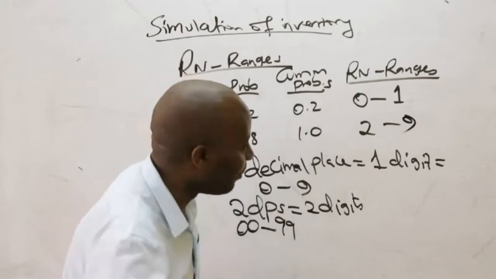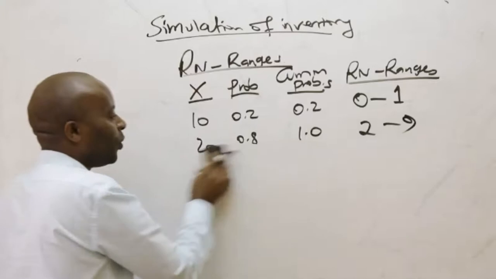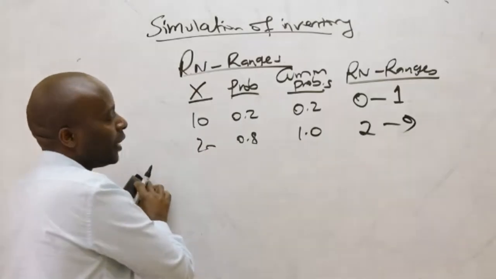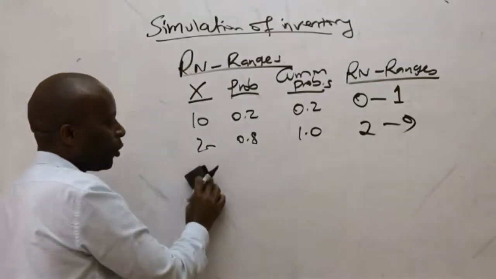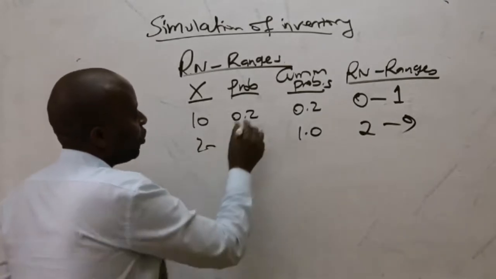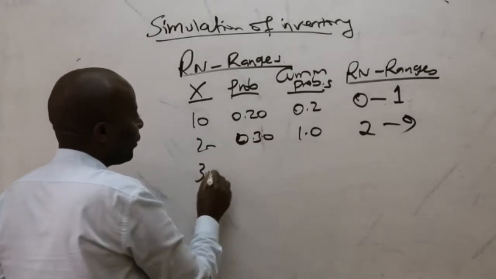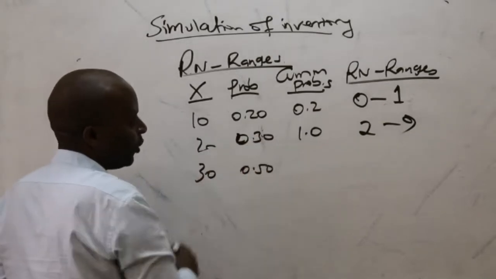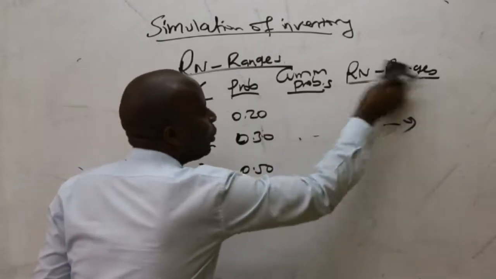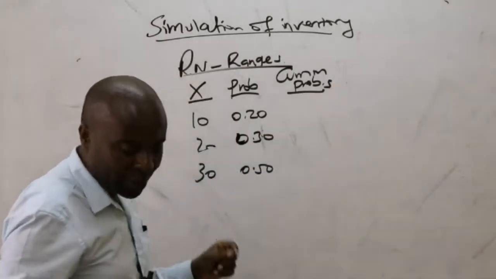So, ladies and gentlemen, I would want us to try another one. What if you are given this kind of question? We have 10, 20, and then 30, and they have given us probabilities: 0.20, 0.30, and 0.50. How will we get random number ranges for these?